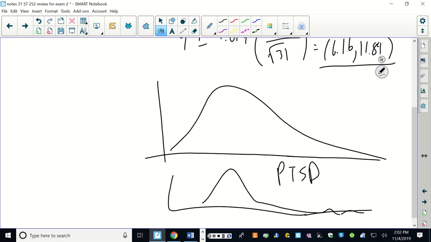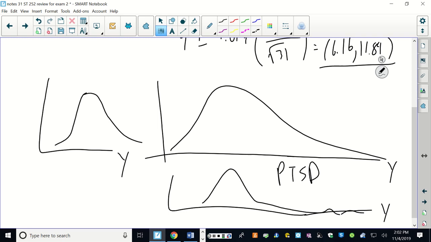So if this is y, and then we have a distribution of y bar, it's going to be mostly symmetric, but it could be kind of just a little tilted. So intervals that are symmetric like this might not be the best.